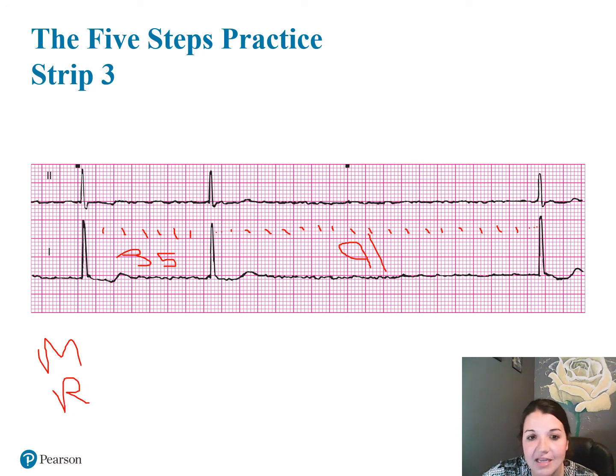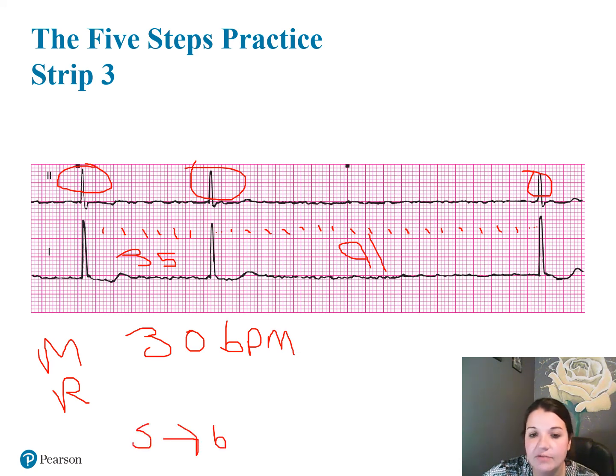My mean rate, I count by tens. The Q by QRS is 10, which is your 6-second method, 20, and 30 beats per minute. And then I need to get my range, which again is the slowest to fastest beat, which I'm going to divide by counting those little boxes and dividing by 1500. So 1500 divided by 35 gives me 42.85, and I'm going to round it off to 43.